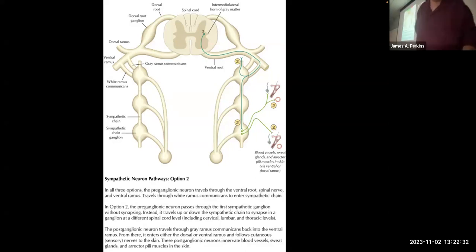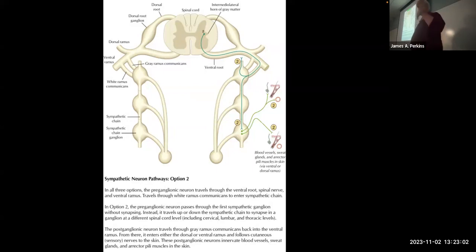So for example, some of these preganglionic neurons could travel all the way down to, say, L4, the fourth lumbar level. And then the postganglionic neurons would jump onto the sensory branches of L4. Now, we haven't studied the lower limb yet, but I know that runs down the side of the thigh, the side of the calf, all the way down into the foot.